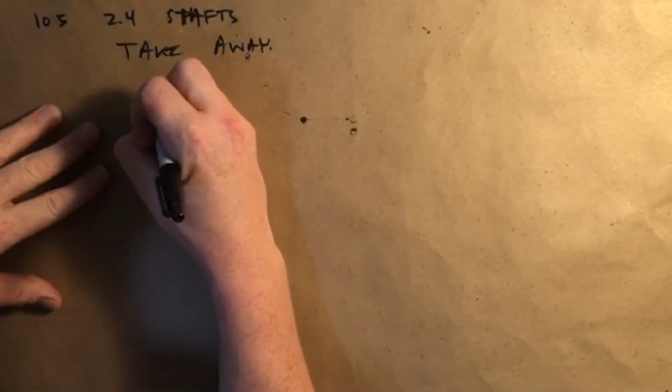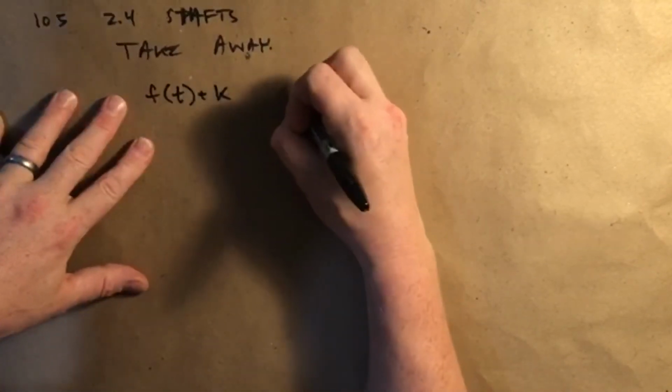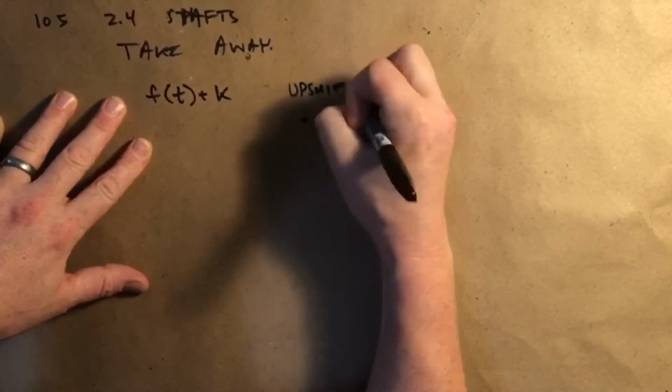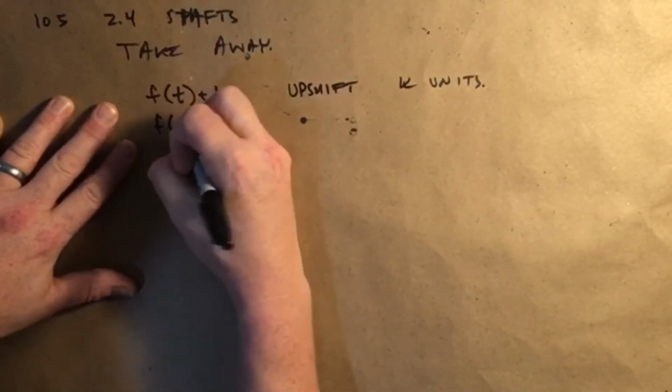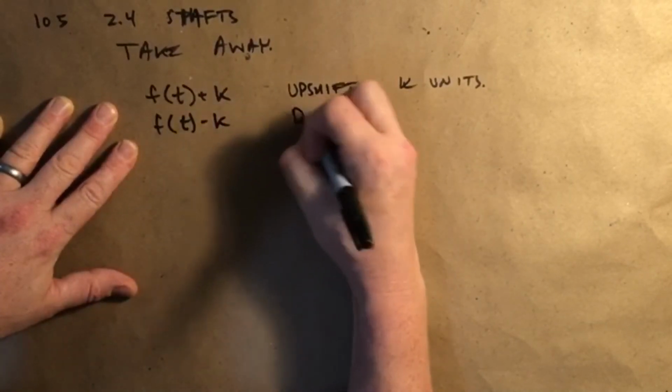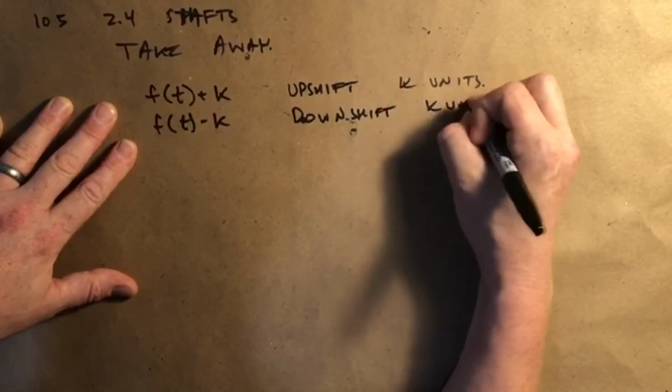So our takeaways are, if I have F of T plus K, we have an upshift, K units. If I have F of T minus K, we have a downshift of K units.